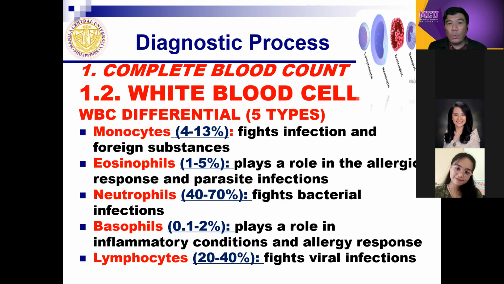But if you want to know kung ito po ay severe yung infection, check monocytes. Kaya pag elevated din ang monocytes mo, severe viral infection. Kung nakita nyo po yung increased WBC, increased neutrophils, increase ang monocytes mo, severe bacterial infection. Kaya minsan nakikita nyo sa mga diagnosis yung SVI, severe viral infection.